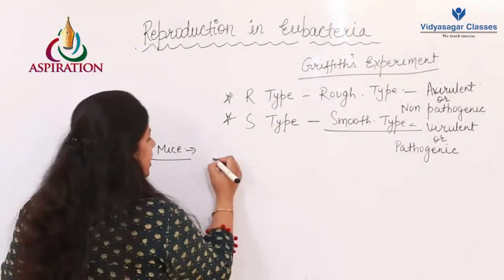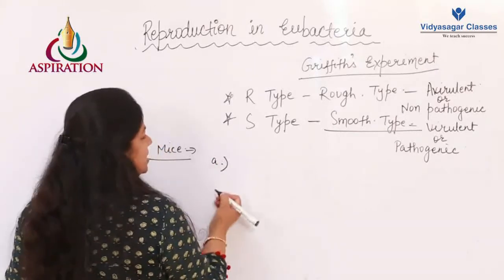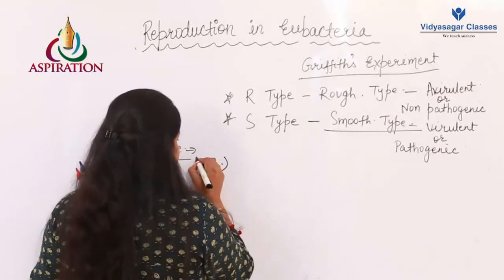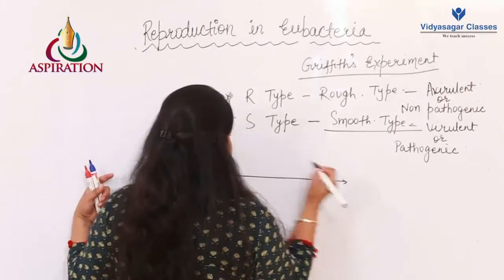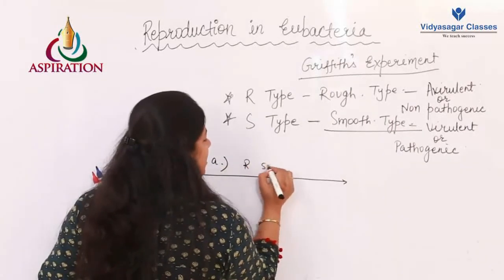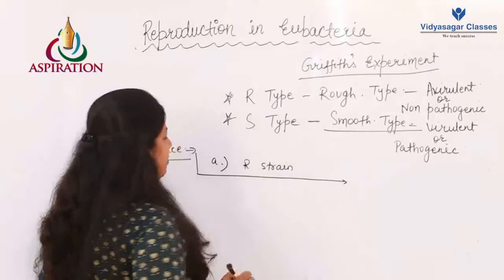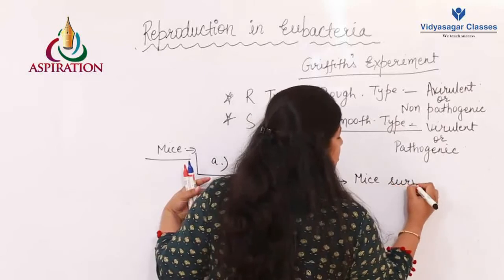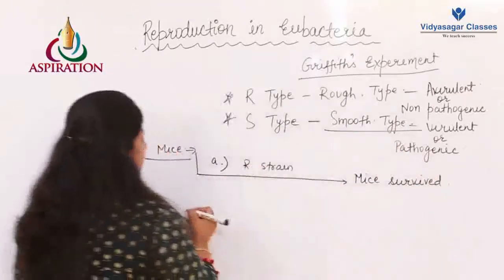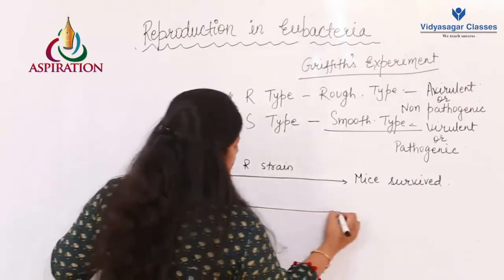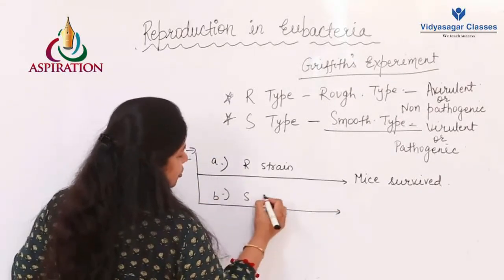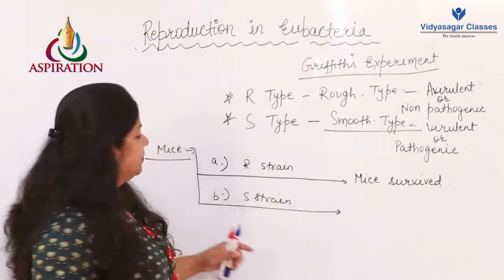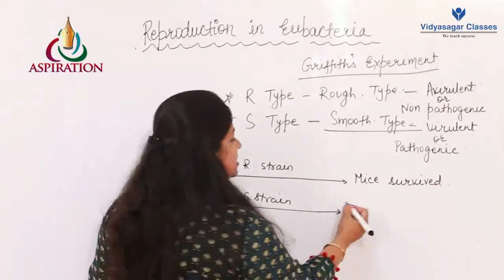Now, in the first step, inside the mice, he introduced the R strain, and the mice survived. In the next step, he introduced S strain of the bacteria inside the mice, and the mice died.